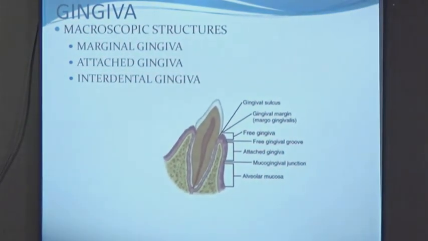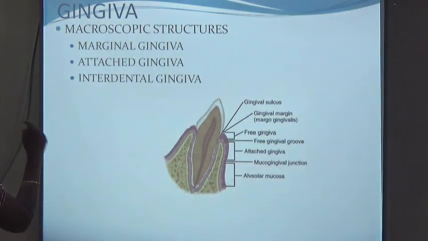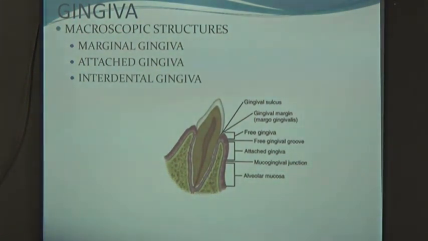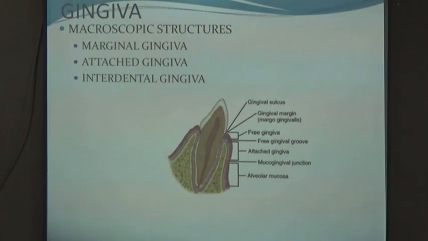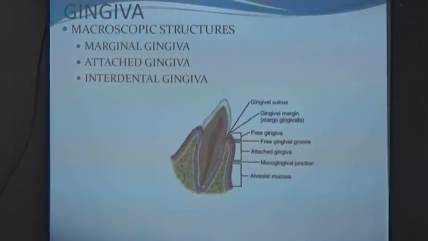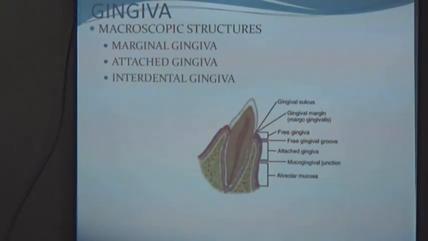See, there is a free gingiva, from where to where? It is from the margin to this, and from marginal gingiva to attached gingiva there is going to be a free gingival groove. This free gingival groove will demarcate this gingiva from the attached gingiva. Okay? So this marginal gingiva will extend till the external protuberance of the gingival sulcus. The gingiva starts from the CE junction to that external protuberance, otherwise the base of the gingival sulcus, and there you are going to see the free gingival groove.